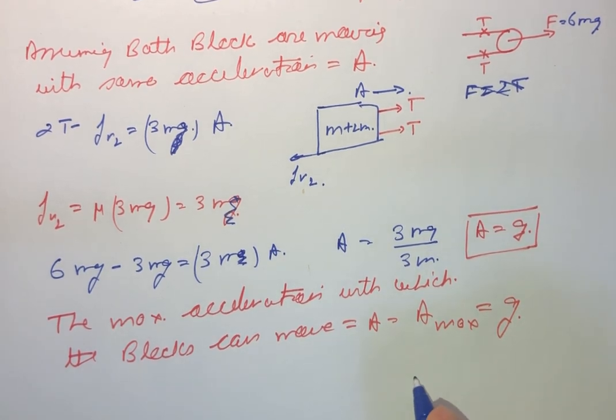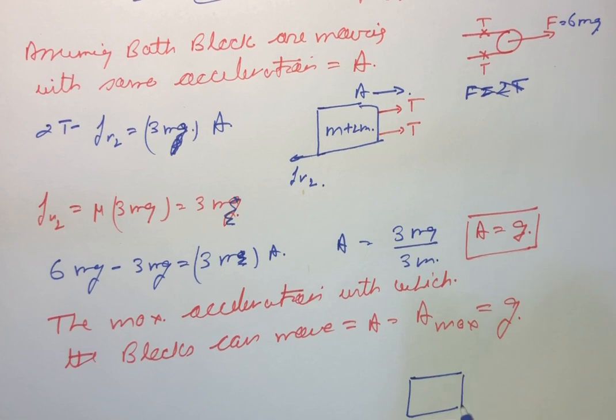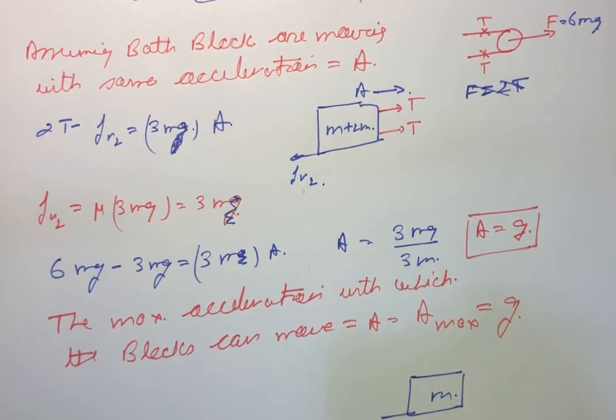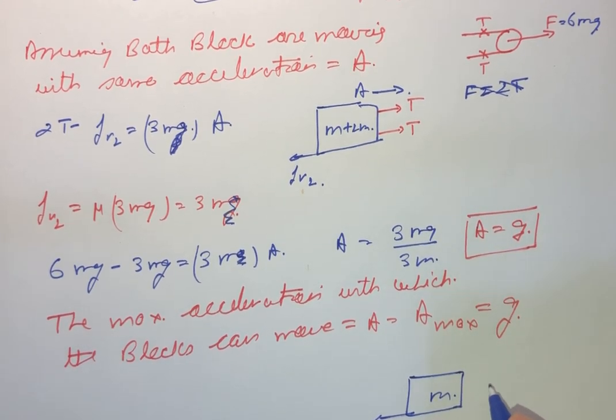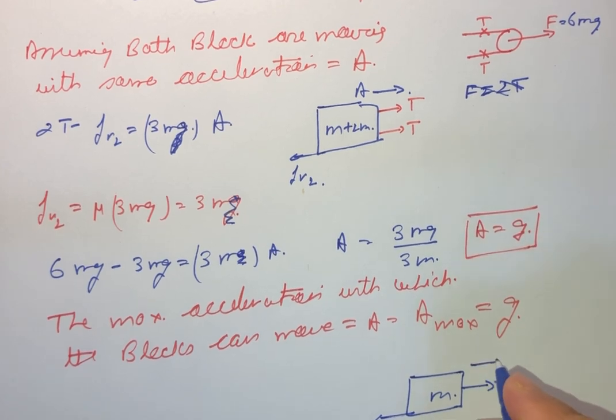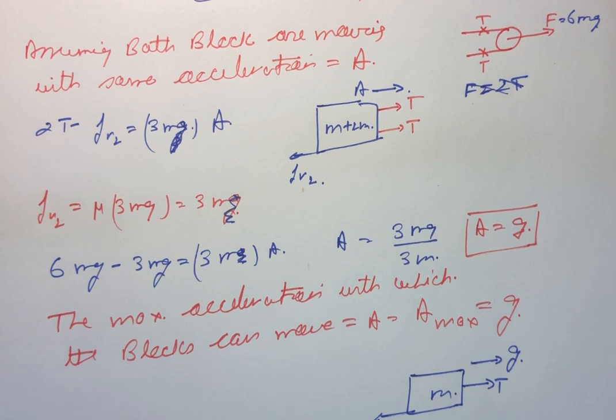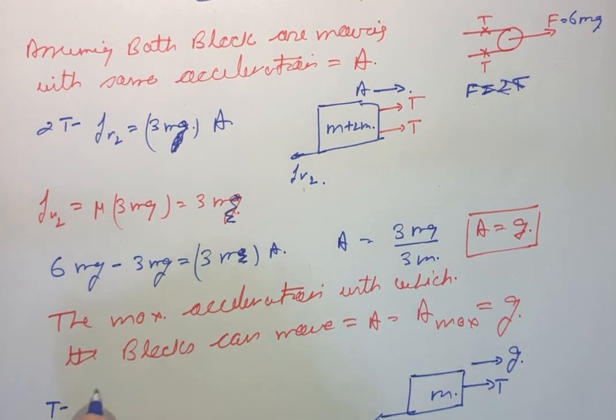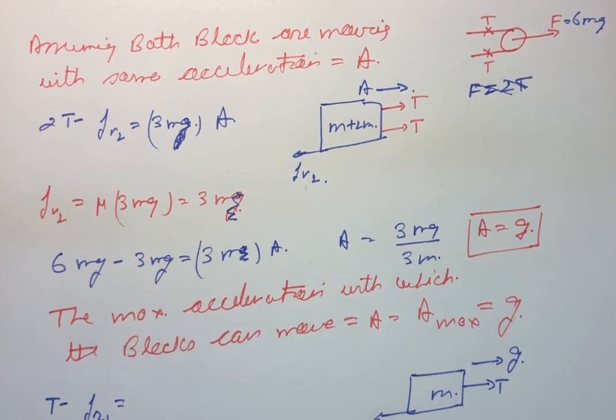Okay, let me draw the free body diagram for m. So we have this FR1 and we have this tension T, and in this direction it is moving with the acceleration of g. So we can write the equation that T minus FR1 is equal to mg.